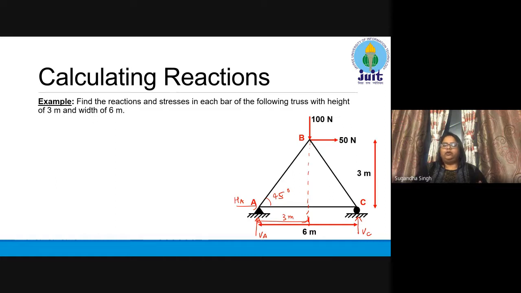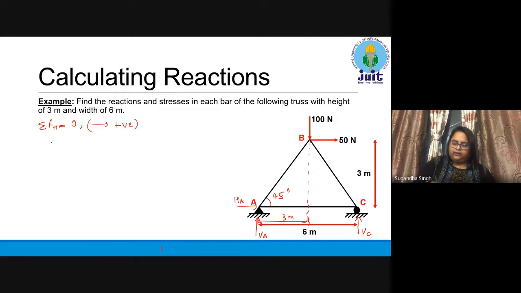There are three equilibrium equations within the system which should be satisfied for it to be a stable structure. Namely, the sum of all the horizontal forces should be equal to 0. So ΣFH is equal to 0. In this case, I am assuming a direction from left to right to be positive.